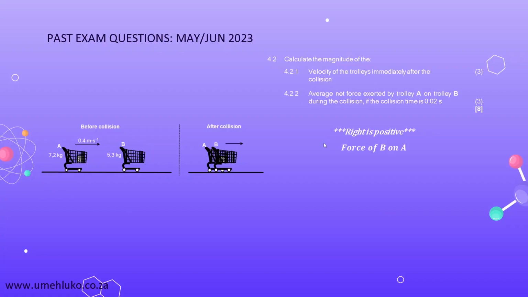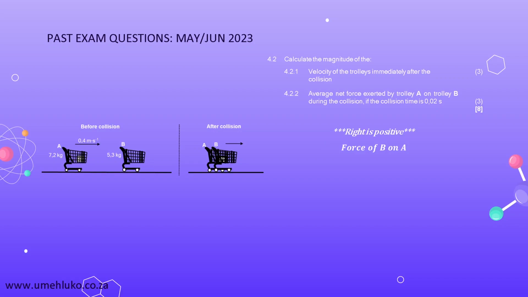Now, this is where impulse comes in. There are two definitions of impulse. One, it is the product of the applied force and the time of contact. The second definition says impulse is the change in momentum. So how do we work out the force?